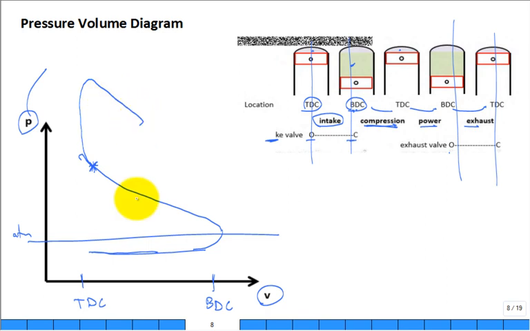Yeah, so this was our intake stroke. This is our compression stroke. This is our power stroke. High pressure, pushing down on the face of that piston. You're getting work out of the cycle. And right about here, another valve opens.